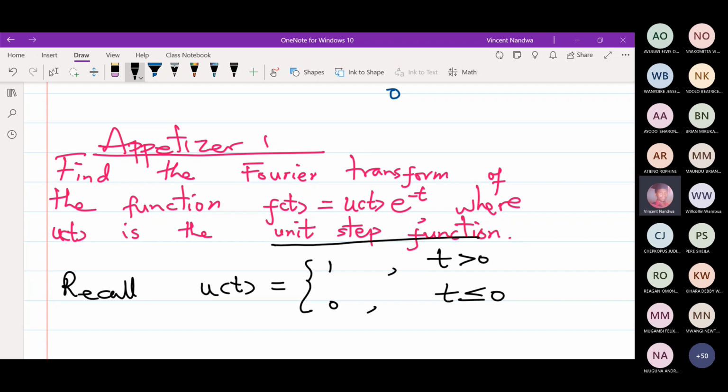We know the formula for the Fourier transform of a general function f of t. So it will not be very hard for us to compute the Fourier transform since we have the f of t and we also know the definition of the Fourier transform. So every solution comes from the definition of what we are defining.